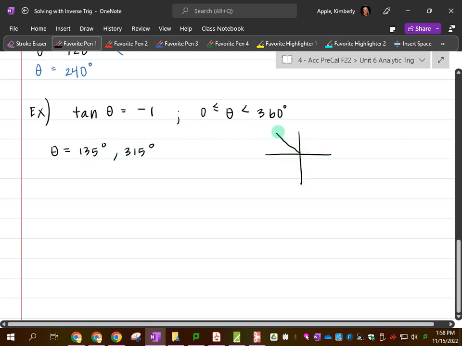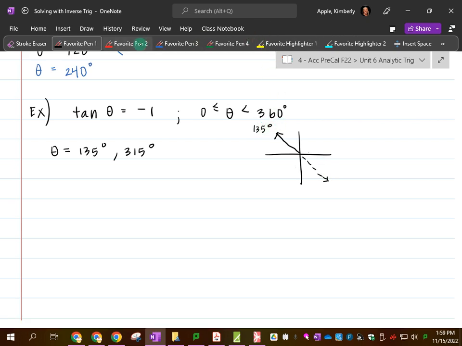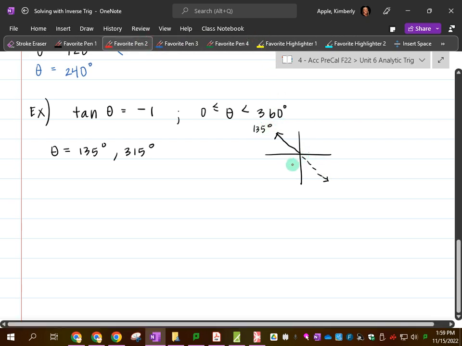Okay, let's visualize that. 135 is here. Is it? Yes. Yeah, my bad. And then this is the other one. So this one's 135. Remember, how far away did I tell you tangent was from its other solution? 180. And you'll get 315.